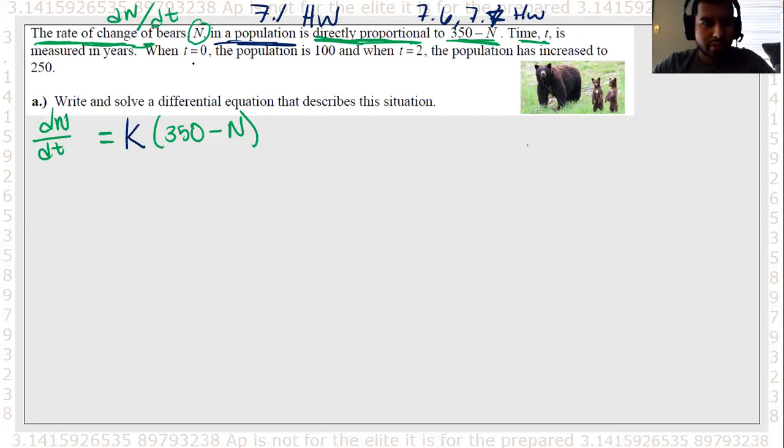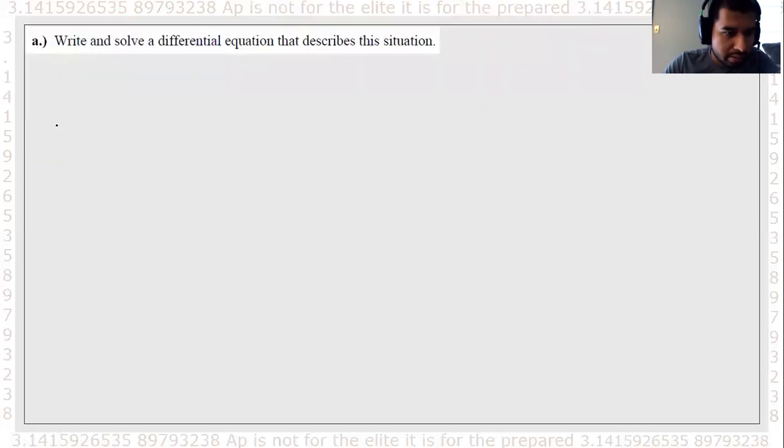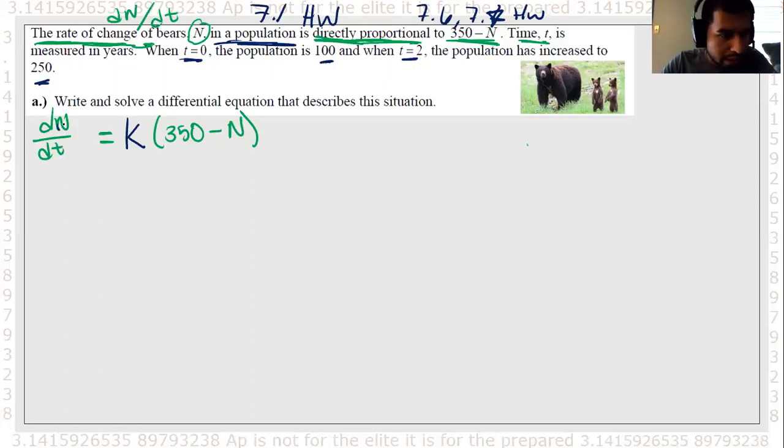Then we can use the initial values that we are learning about today. So remember, the first step is to separate variables. I'm going to move all the n's to the same side.